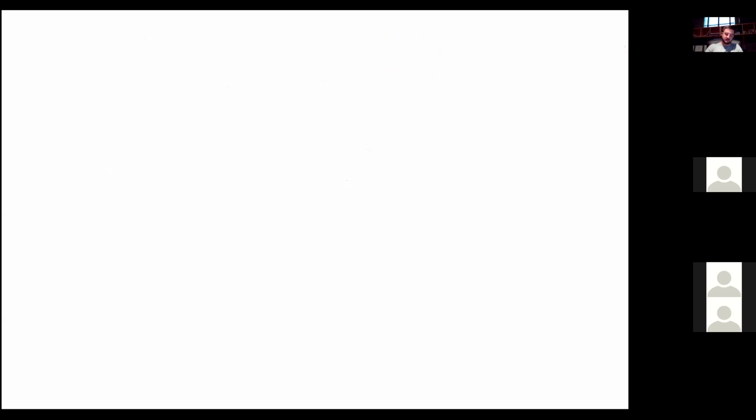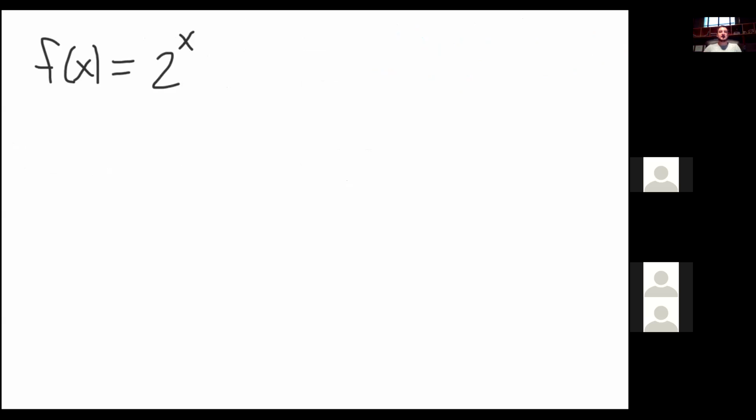As you saw in the videos, something like 2 to the x is a nice, simple exponential function. But instead of our variable being squared, we have it flipped. We have 2 to our variable. This means we're doubling, multiplying by 2. So f of 2 would be 2 squared.